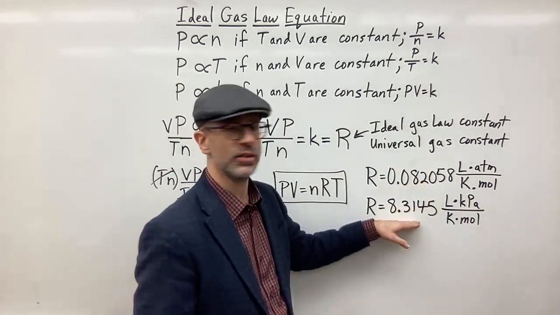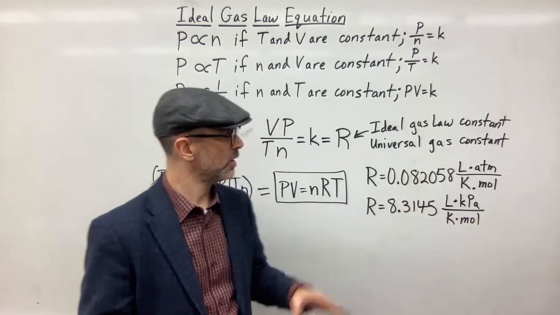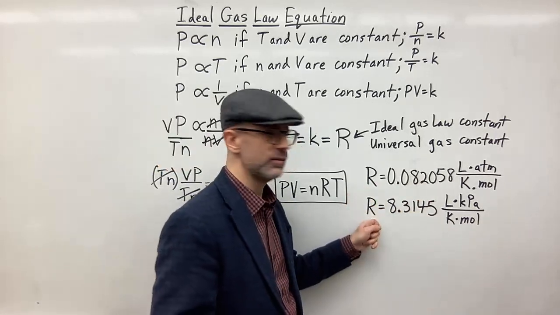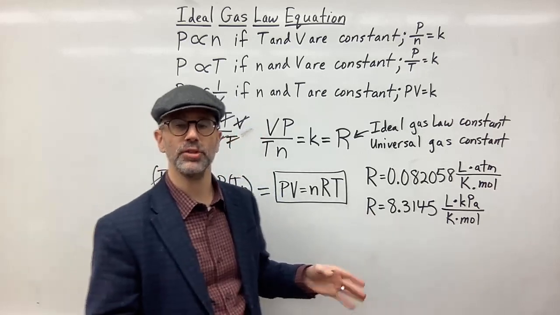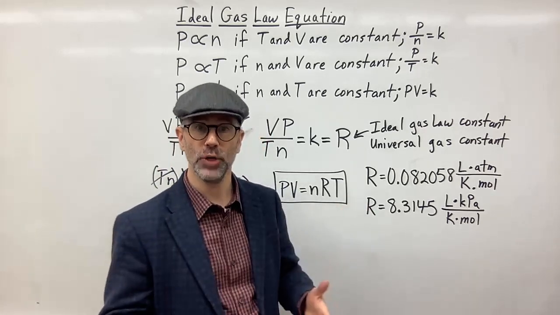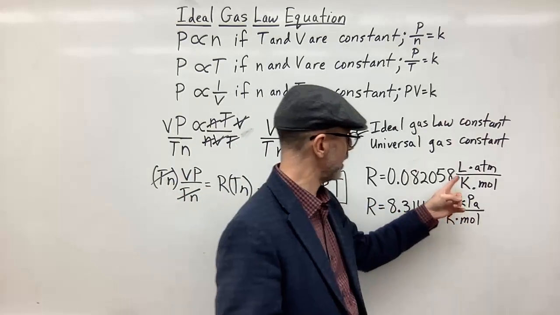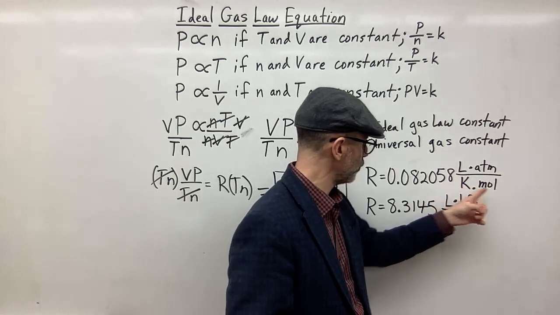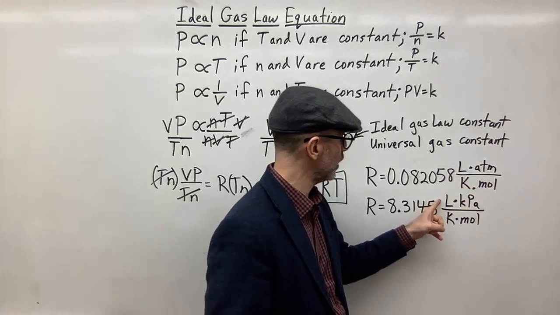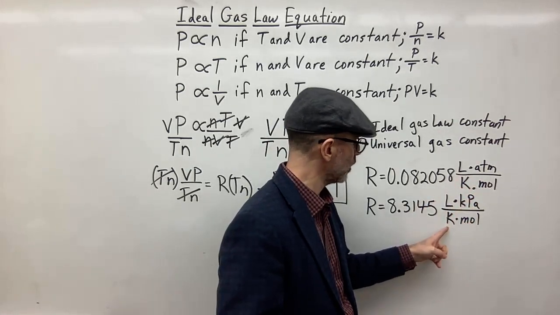You'll see right away the difference between this one and this one is not only the numbers. Of course, the numbers are different, but why are the numbers different? If this is a constant, shouldn't it be the same numbers? Well, yeah, it should be the same numbers if you have the same units. Here I have liter atmospheres over Kelvin mole. Here I have liter kilopascals over Kelvin mole.